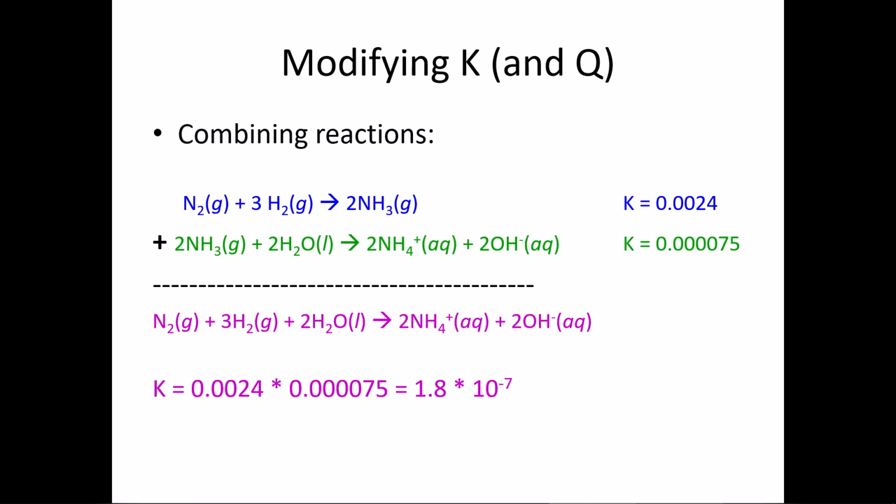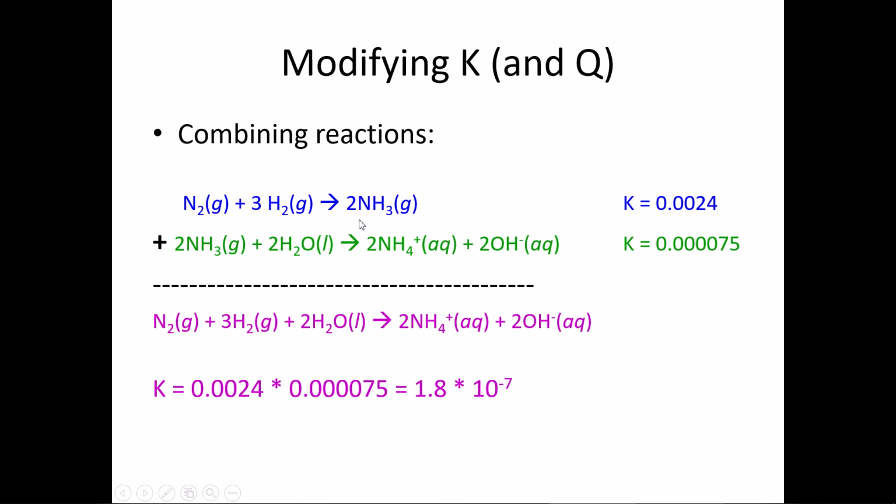Alright, and here's an example of adding two reactions together and then multiplying the K values to get what the new K equilibrium value would be. So N2 plus 3H2 to give you 2NH3 is our first reaction, and here's our K value. We're going to add it to this second reaction of ammonia and water, and here's our K value.